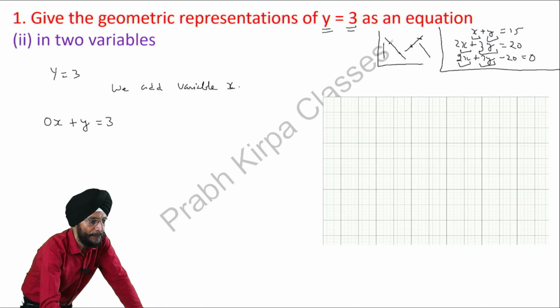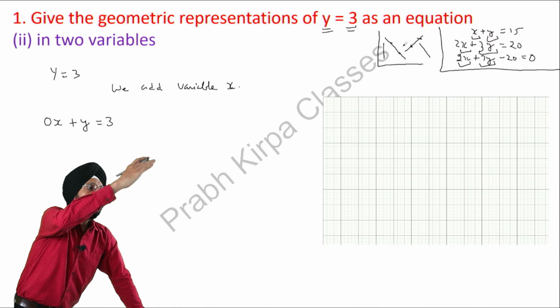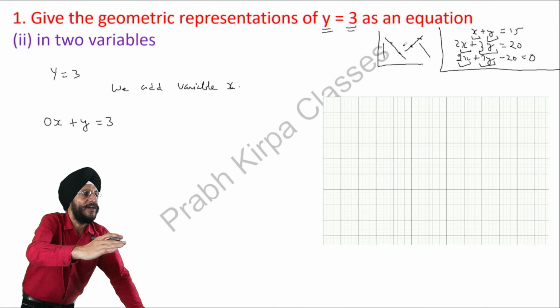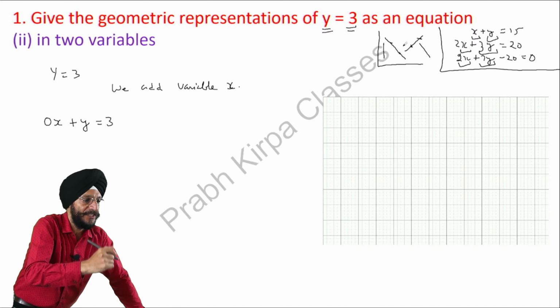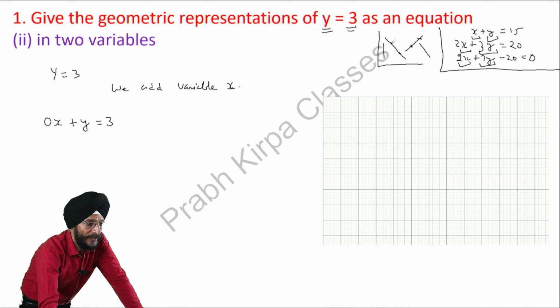Suppose we are having these 2 points, and on the basis of this we draw the straight line, or we draw the graph, or make the geometrical representation. But for drawing these 2 points, we should have the value of y at this point and the value of x at this point.